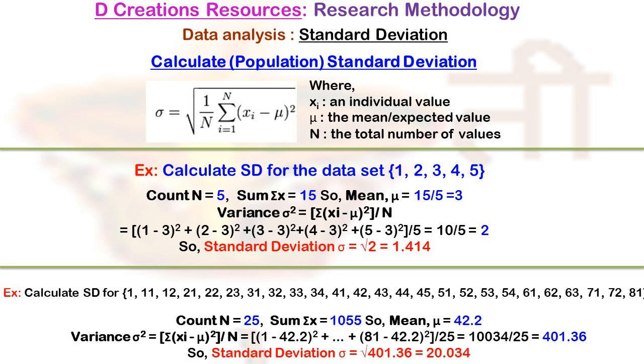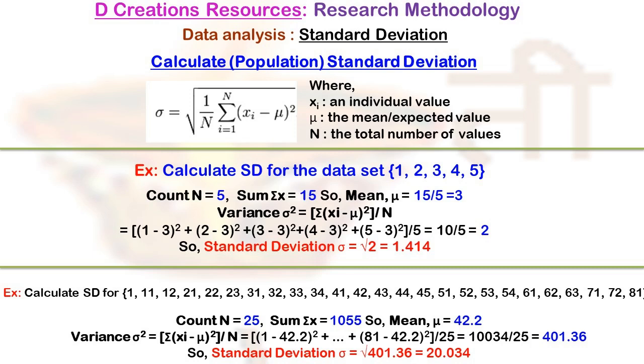Then the variance, that is sigma square, you calculate with a numerator having terms such as (1 minus 42.2) whole square plus (2 minus 42.2) whole square, and so on. There will be 25 such terms up to (81 minus 42.2) whole square.